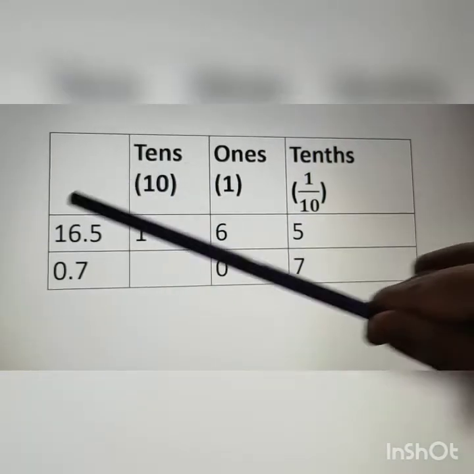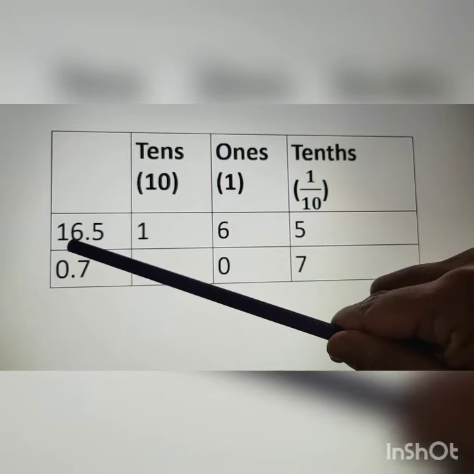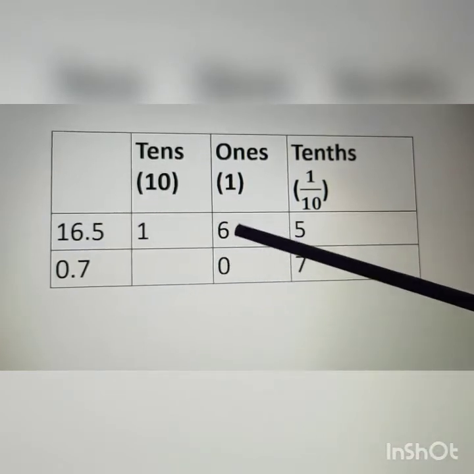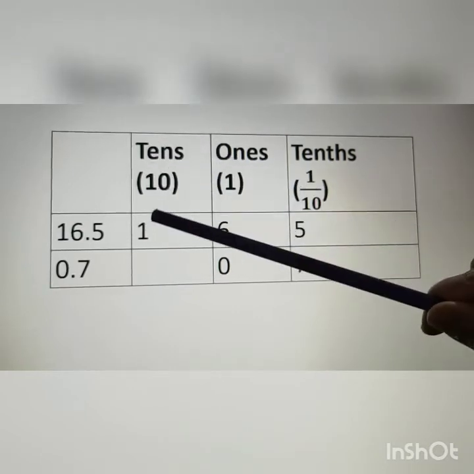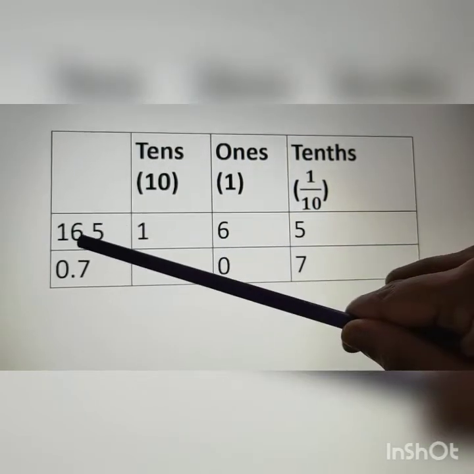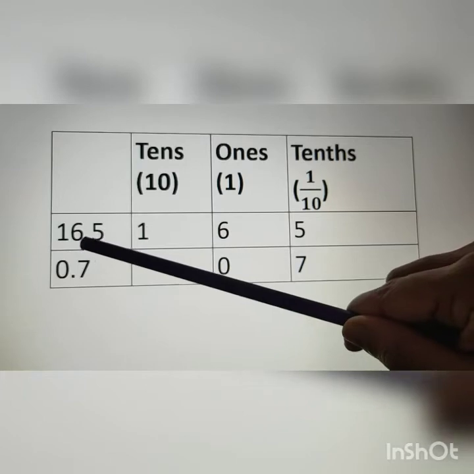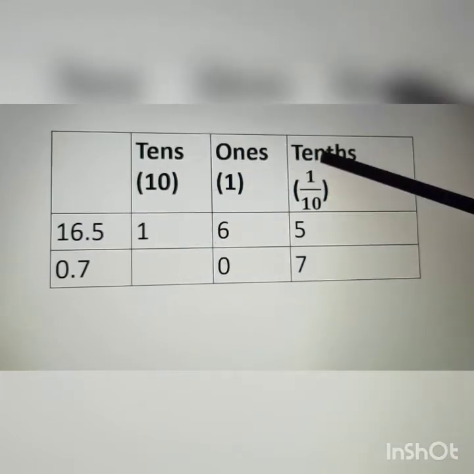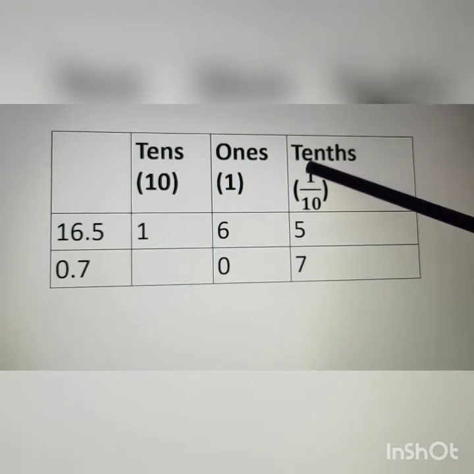Next example 16.5. In this, 16 is the whole part and 5 is the decimal part. So place value of 6 is ones and place value of 1 is tens. And after the point, 5 is there and the place value of 5 is tenths. That is 1 upon 10.